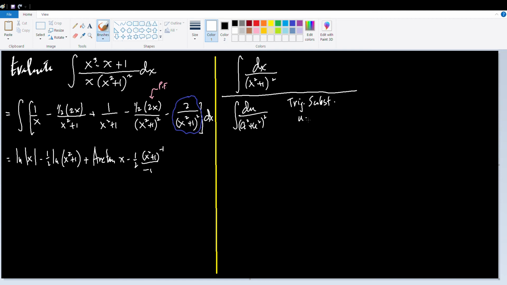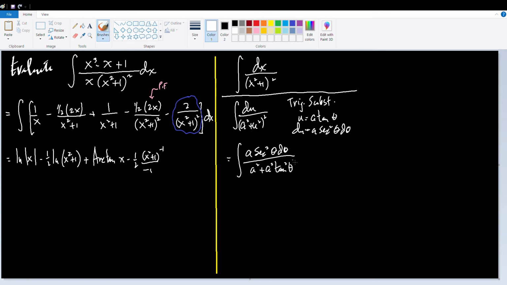We use u equal to a tangent of theta, since the denominator is of the form a squared plus u squared. Du will be a secant squared theta d theta.